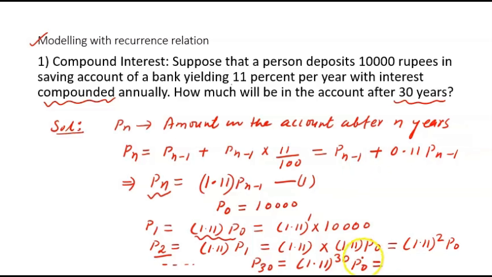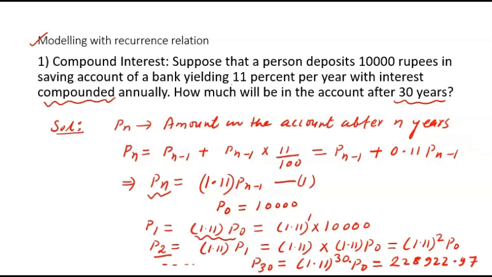In case you are interested in calculating this, 1.11 to the power 30 into 10,000, it will be 228,922.97. So this much will be available in the account of the customer at the end of 30 years.